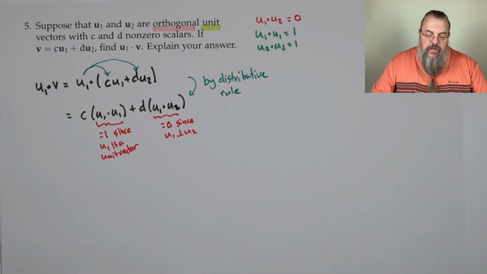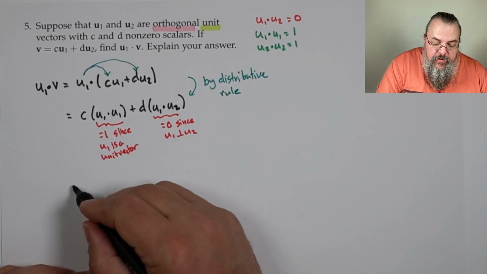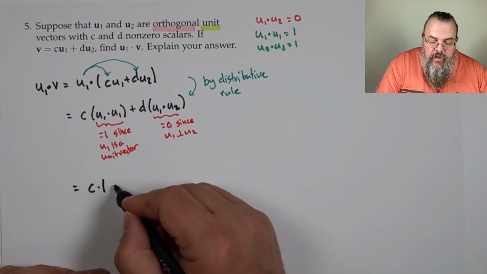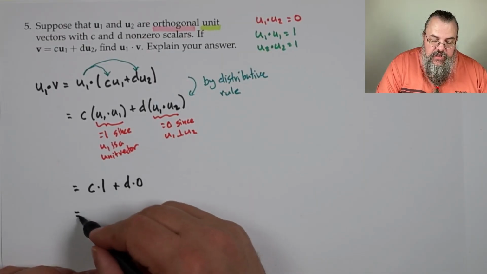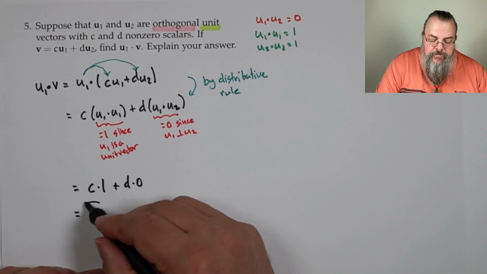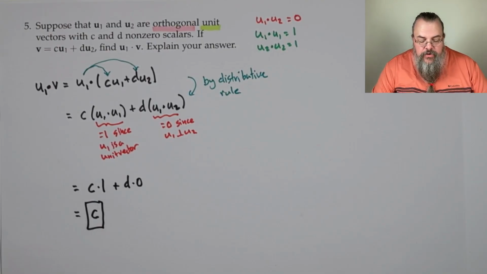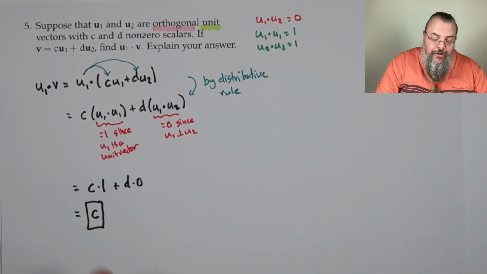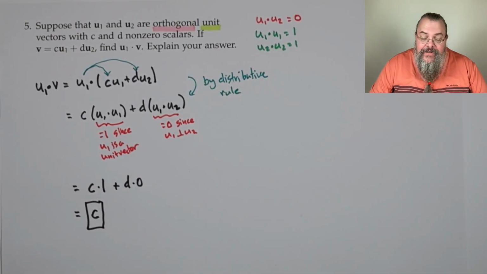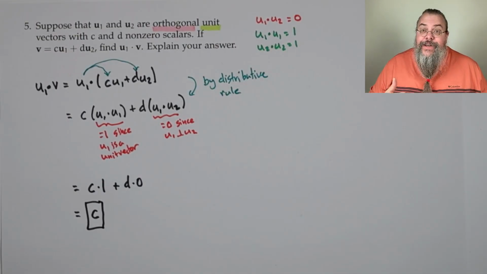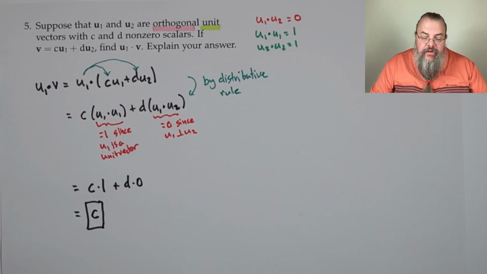So this becomes c times 1 plus d times 0, which is c. All right, and so that's the answer. It's c. Wow, that was pretty easy.